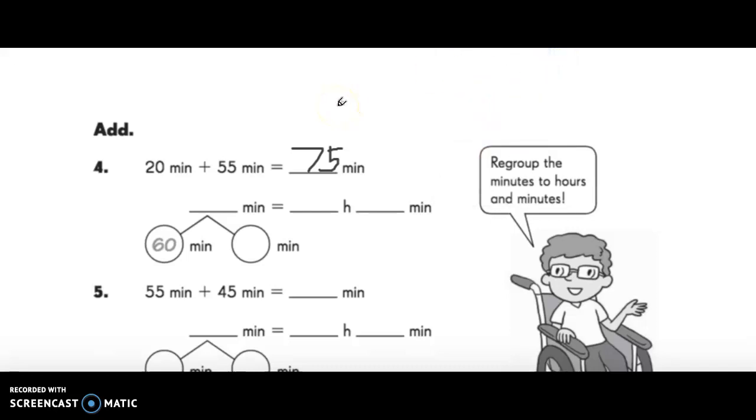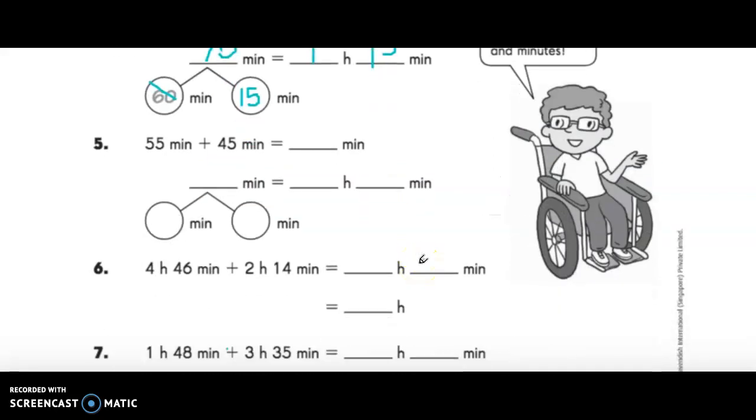Then you need to take your 75 minutes and regroup, because this is our step 2. If we're pulling an hour, that would leave us with 15 minutes, because 60 minutes plus 15 gives us 75. And then we change this to 1 hour, and then we're left with 15 minutes.